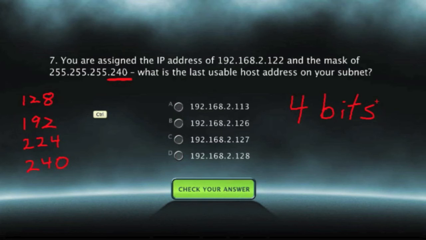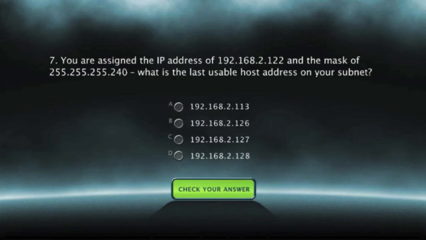Great, that was the first part. That was tricky, we had to figure out how many bits they borrowed in order to get this question right. Now we know how many bits they borrowed, so we can go into our conversion chart 4 deep.